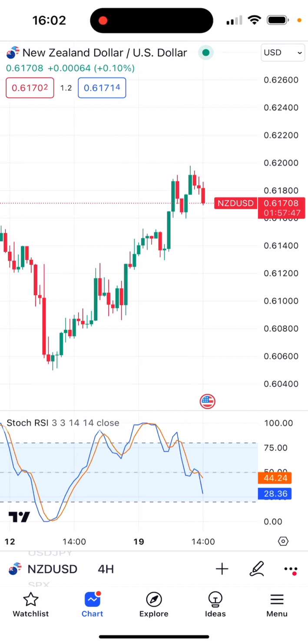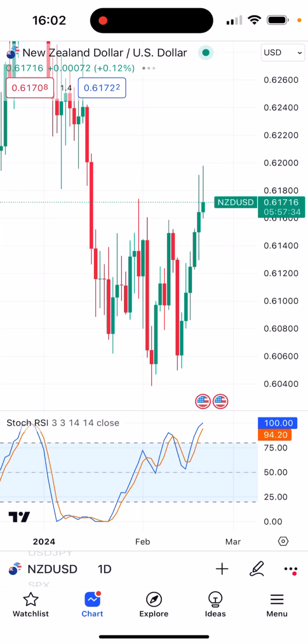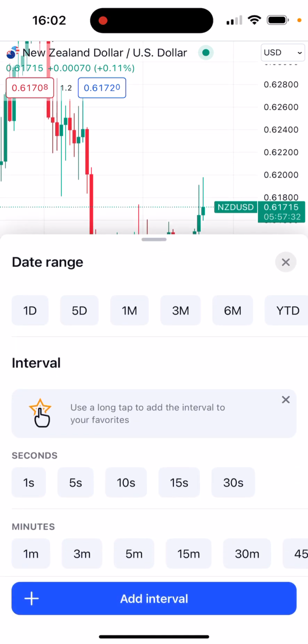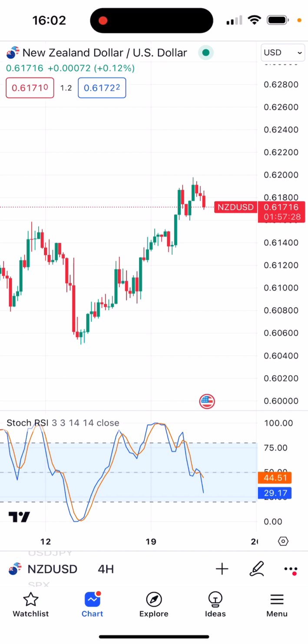This is what you will see on a 4-hour time frame: the price is going up, creating higher highs and higher lows. And this is where the issue starts, because remember, on your daily time frame you are in a downtrend. On a 4-hour time frame, you are in an uptrend. So this is when a lot of you get it wrong. We are in a downtrend, remember that.